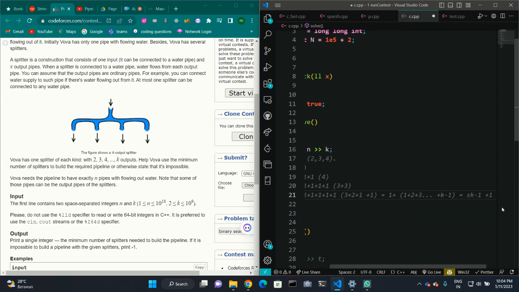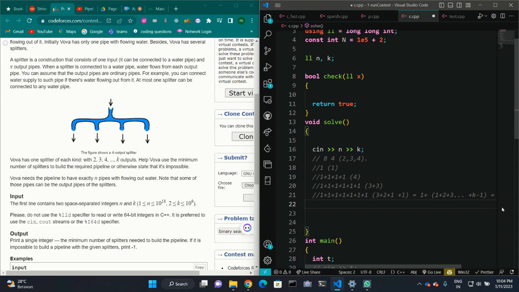The answer is not possible if s(k minus 1) plus 1, the maximum output that can be given, is less than required. This is the not-possible case.